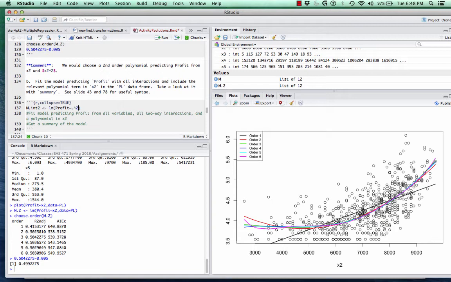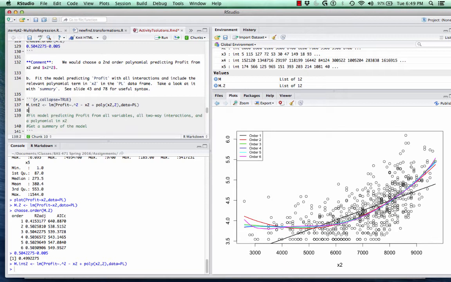And if we want to throw in a polynomial term, what we actually need to do is take out the original predictor, x2 in this case, and then add in our polynomial model. So poly x2, comma 2, take x2 and actually predict it from x2 and x2 squared. So we'll use the PL data frame here. We'll run it and then look at a summary of that model.